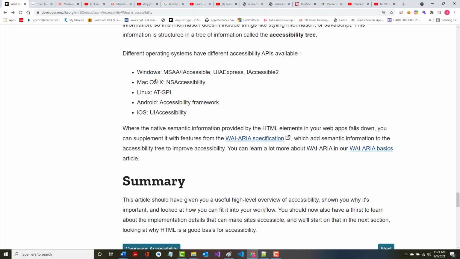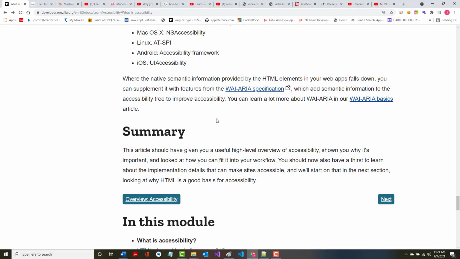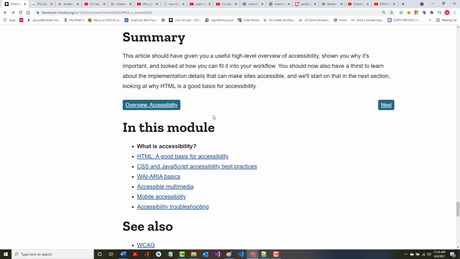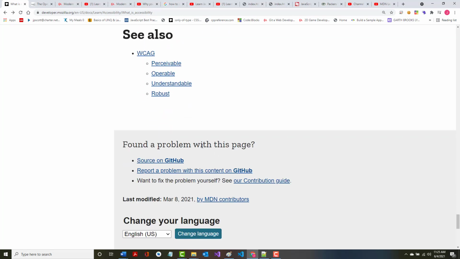Are you using Windows? Is your site designed to run on any kind of system, which most are? Is it a website, or an Android app, or an iOS app, etc.? So the idea behind this article was just to get you thinking and make you a little bit more accessibility aware.